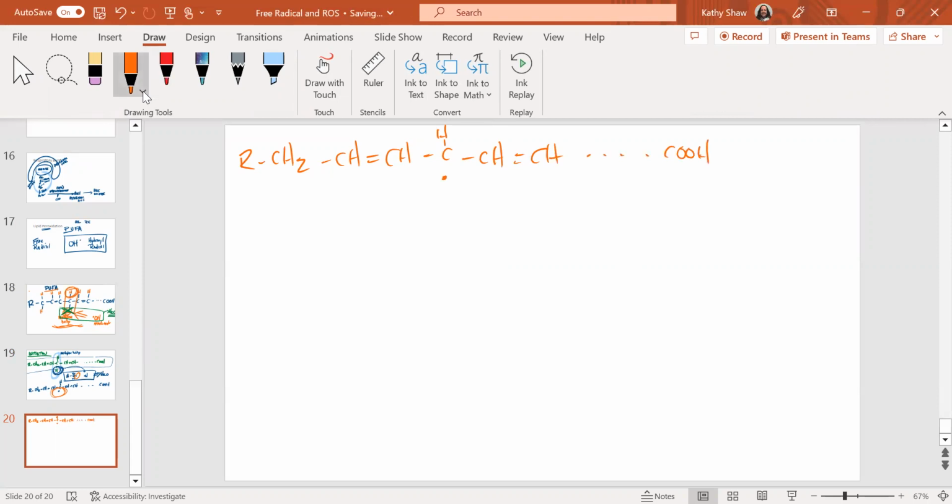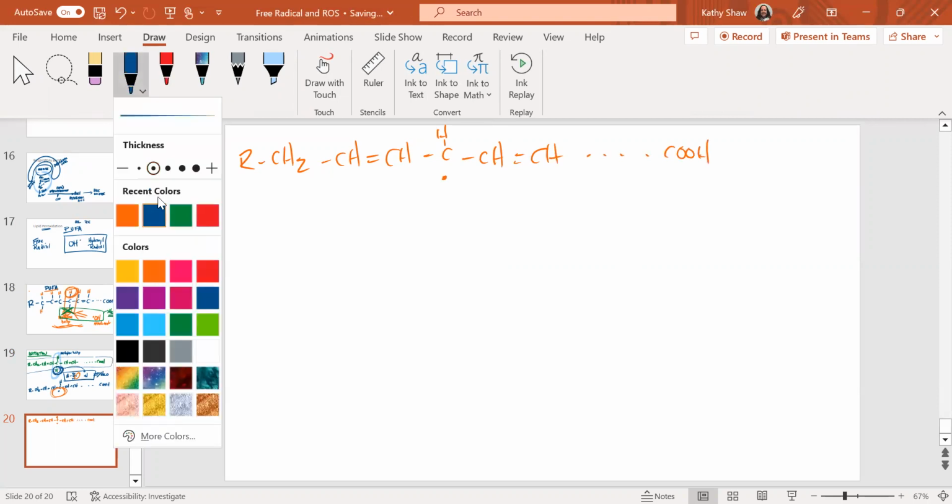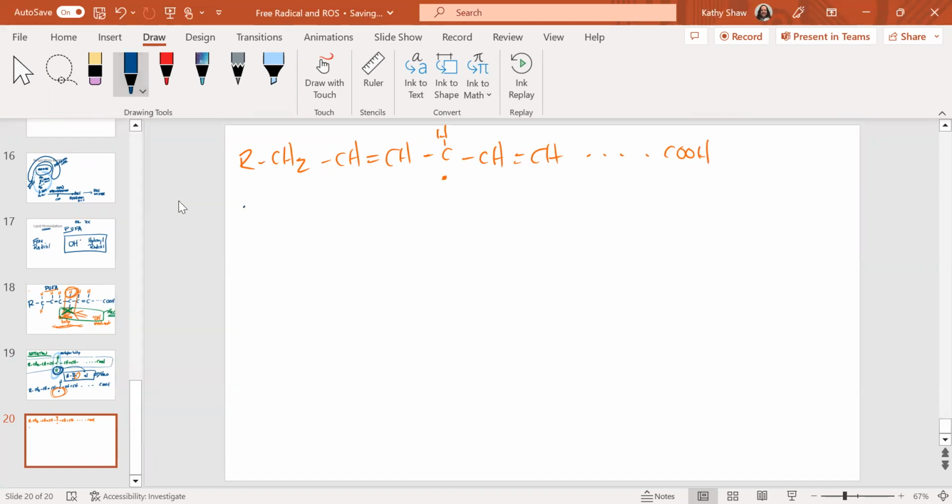And so on. So now we've got a peroxyl radical. We've got an unpaired electron. Unpaired electrons go in attack mode. They want to be paired. They're looking for another electron. So this is our lipid radical, also known as our peroxyl radical.